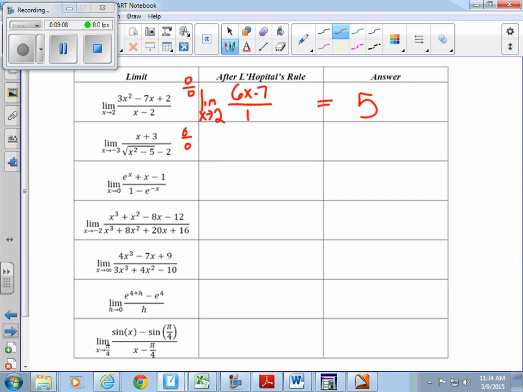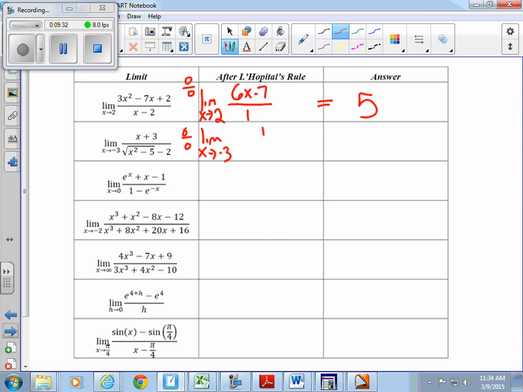If I were going to do this prior to L'Hopital's rule, what would I have to do? Multiply by the conjugate, the square root of x squared minus 5 plus 2. Not impossible, but a little bit more work on this one. However, L'Hopital's is a little bit more work on this one. Would you agree? Why? I have to do a chain rule.